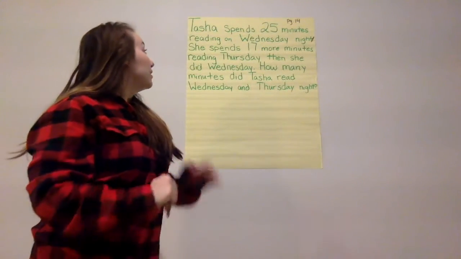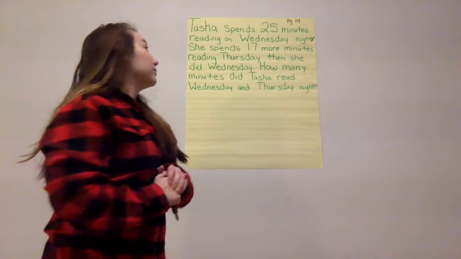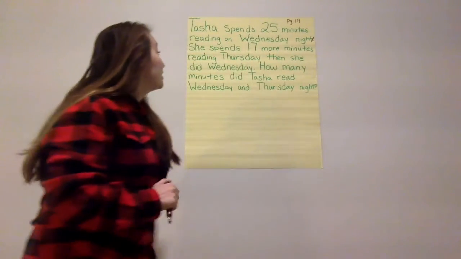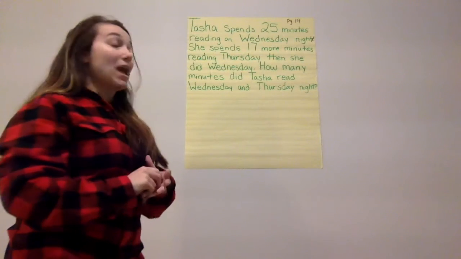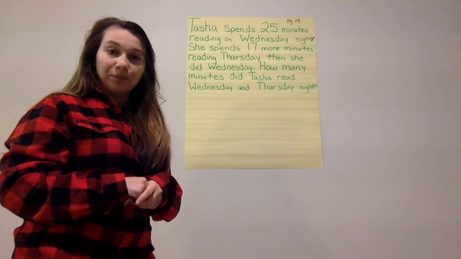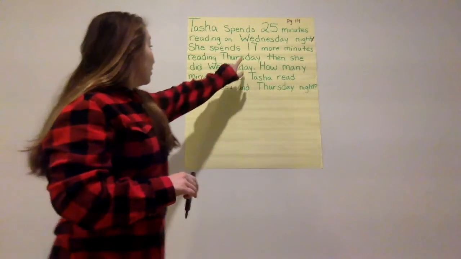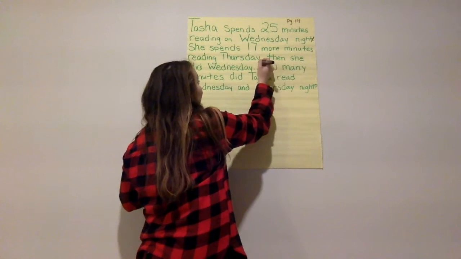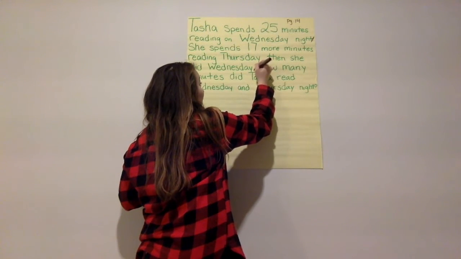All right, we're going to keep going. She spends 17 more minutes reading Thursday than she did Wednesday. Does that have important information in it? Yeah, 17 more minutes reading Thursday than she did Wednesday. So I'm going to put another chunk.